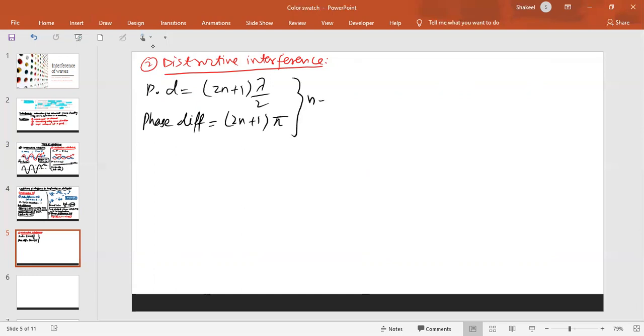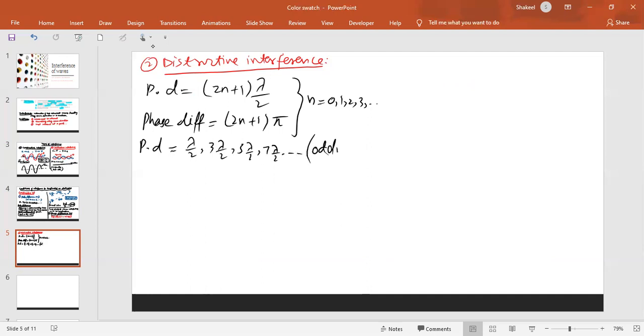In these two equations, n is a whole number. Like for path difference, it should be lambda by 2, 3 lambda by 2, 5 lambda by 2, 7 lambda by 2, and so on.